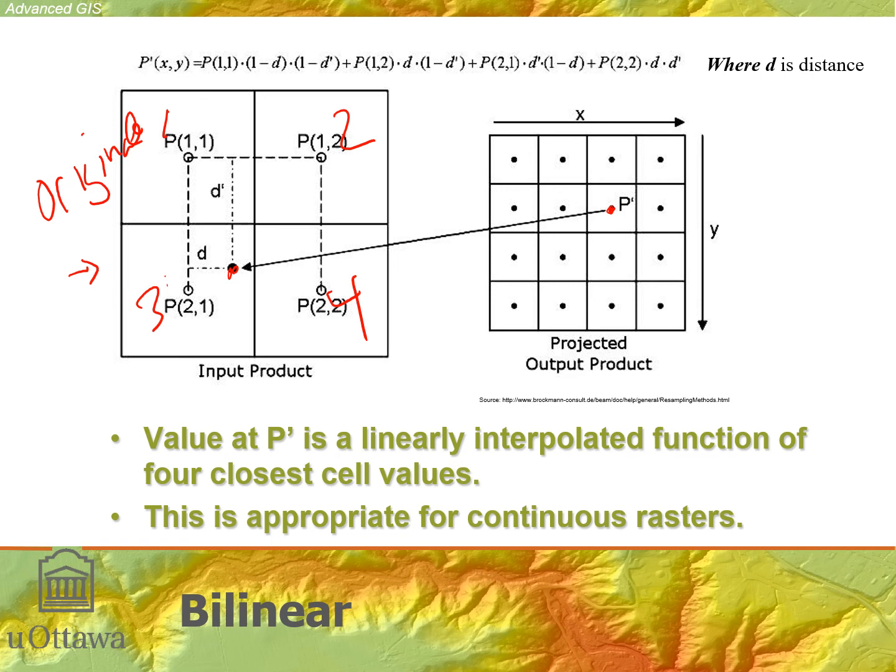Depending on how far our new location is from those 4 old cell centers, a new value here is determined. And that value will never be below or above any of the surrounding values there, because it creates a 2-dimensional plane and then finds the location on it. It's a distance-weighted average. And so it's very appropriate for continuous data, because continuous data theoretically vary continuously. And so this type of resampling follows that assumption.